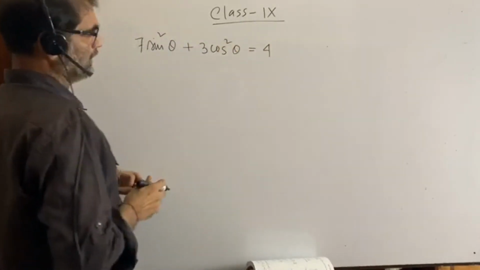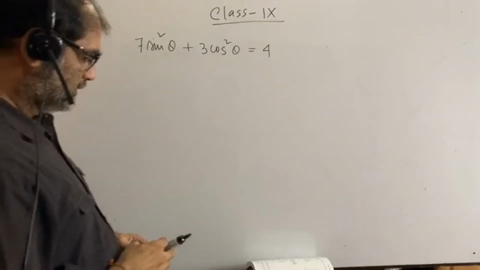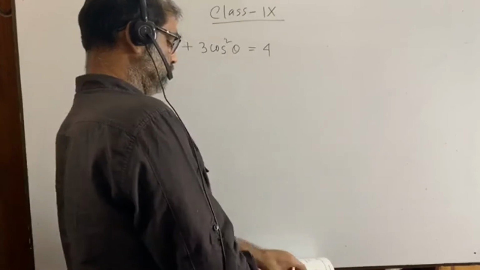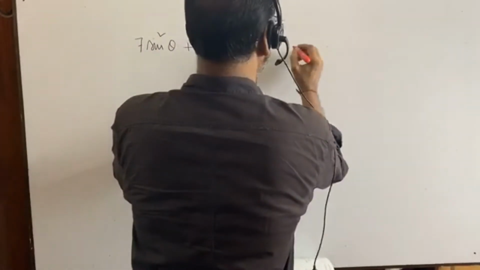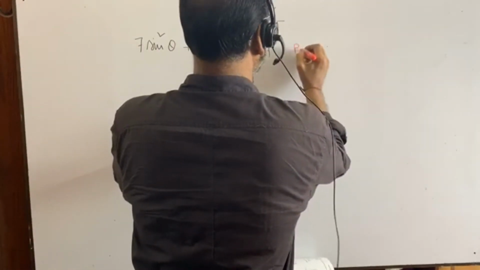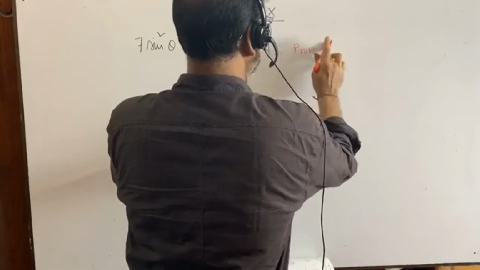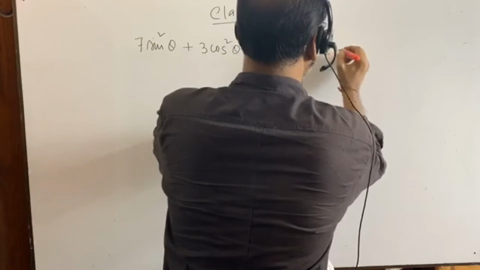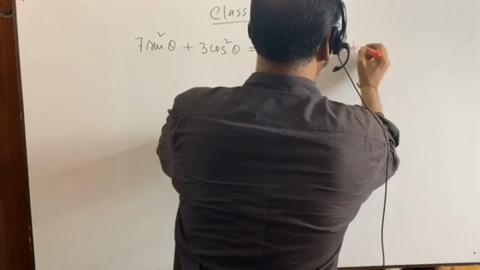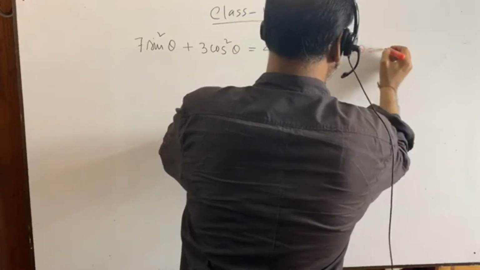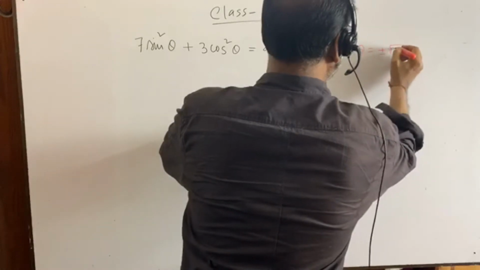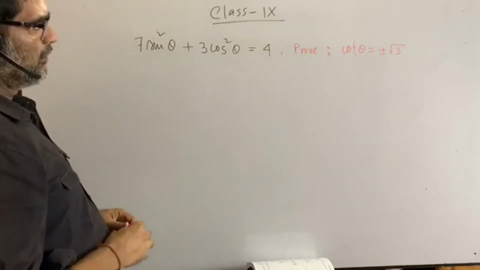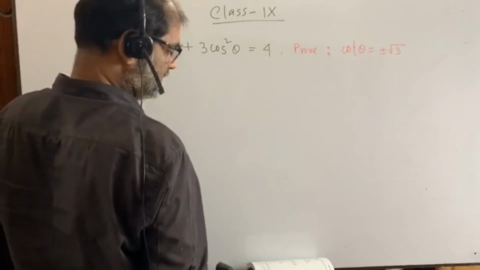This is given, and you are told to prove that cot theta is plus minus root 3. This math is given.